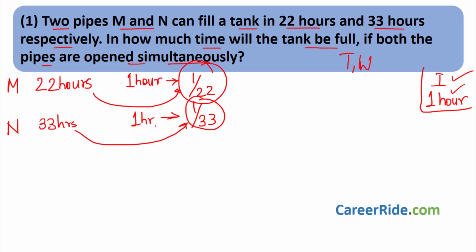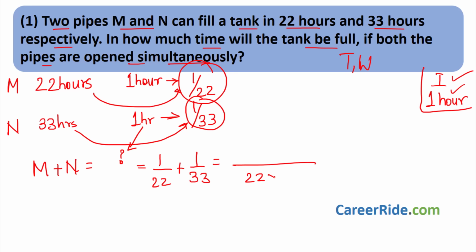Now they say that if both pipes are opened simultaneously, so M is opened and N is opened, right? Both are opened. Then how much of the work would be done in 1 hour? It would simply be work done by pipe M in 1 hour, which is 1 by 22, plus N is also open, so work done by N in 1 hour. So what is the LCM?